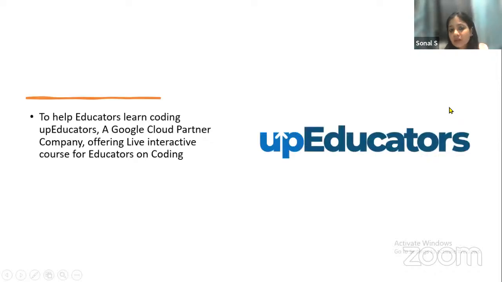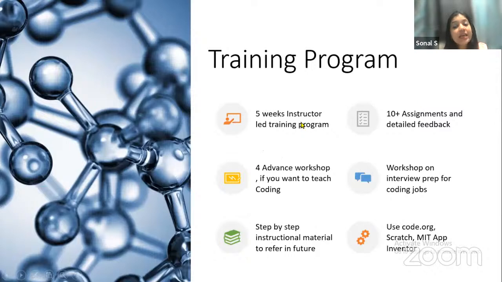Now, this Up Educators coding program is a 5 weeks instructor-led training program. You are going to have live classes, and after every session there will be some assignments given to you so that you can get hands-on knowledge of each and every concept that we'll be learning through the program.